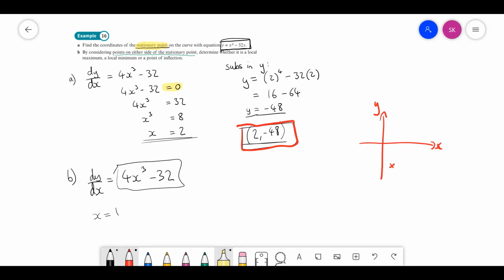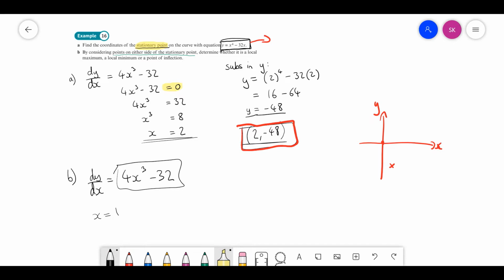We know that when x is 0, y is 0. So we know it goes to this point. But at the moment, we need to actually figure out, using the points either side of it, whether it's a local maximum or local minimum. Because it could be doing this, or it could be doing this. Or it could be doing some variation of that as well.